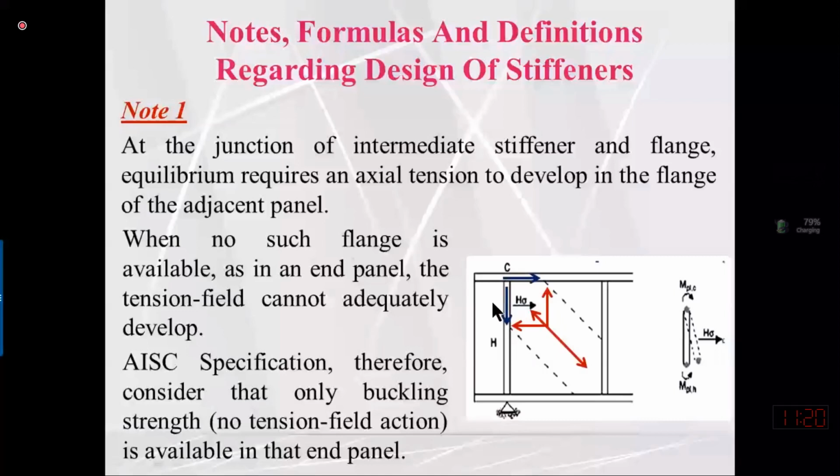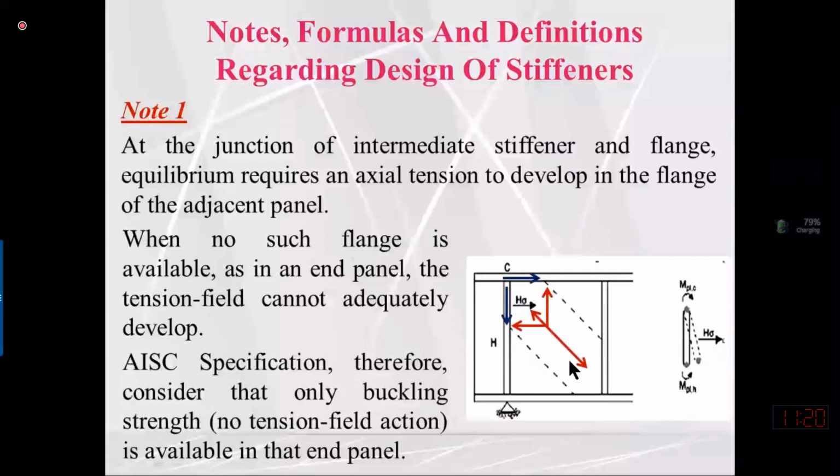When the stresses in this stiffener or in this flange due to these resisting forces become more than the yielding of material, then the failure will occur. If these stresses are less than yield stress, they will be capable of resisting or balancing these tensile forces. So they are enhancing or improving shear strength, that we have already discussed.